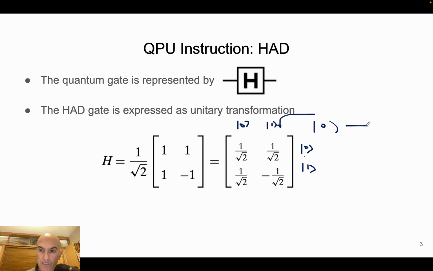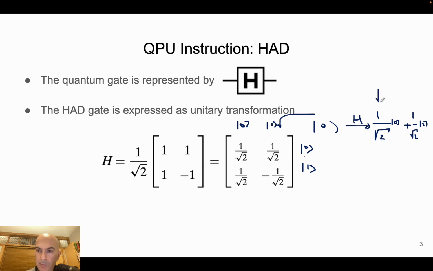So in this case, if we have the state 0 as an input, then if you apply the Hadamard gate, we're going to have 1 over square root of 2 multiplied by state 0, and then plus 1 over square root of 2 multiplied by state 1.